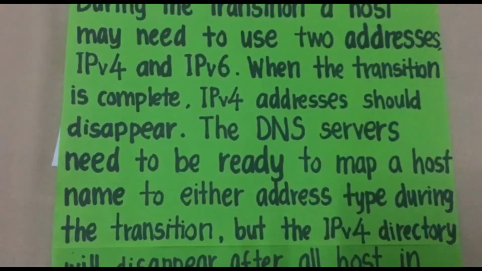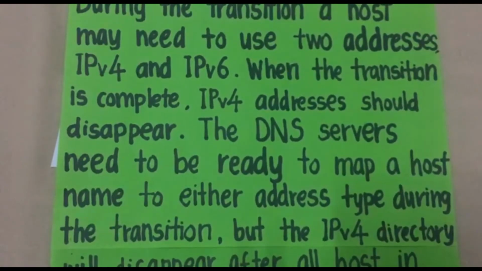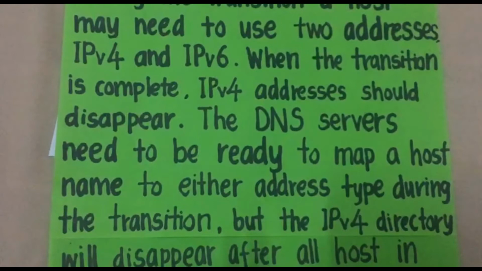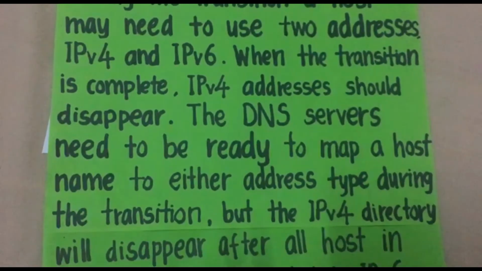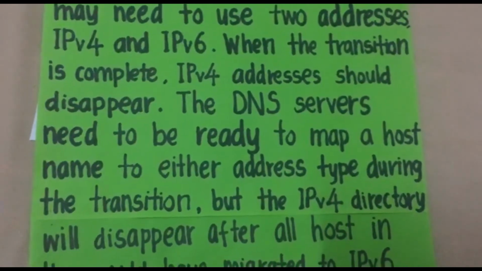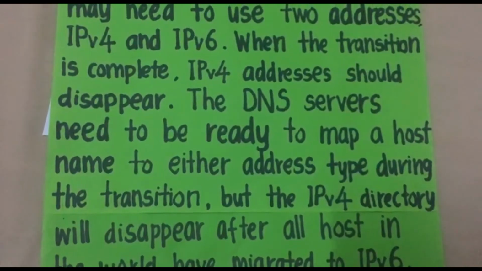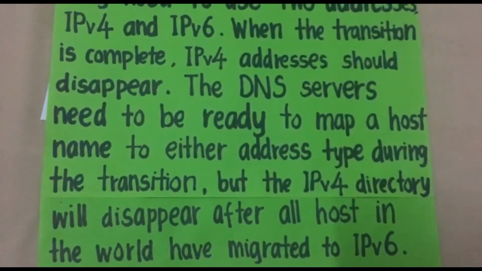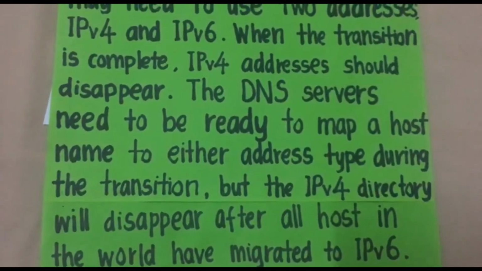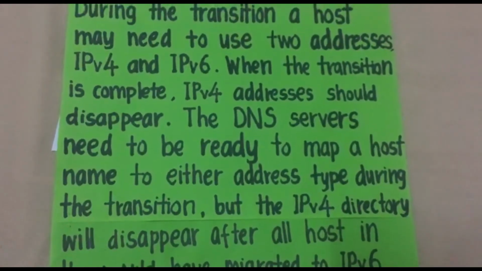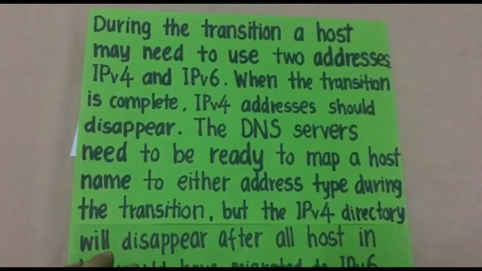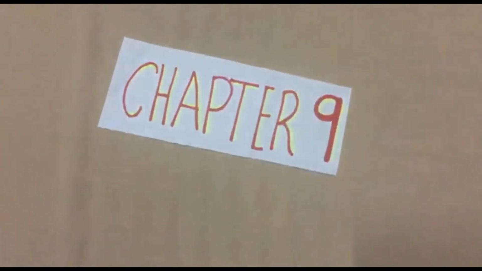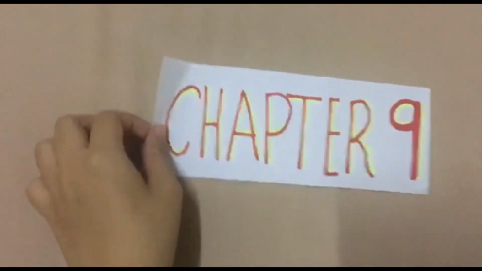So the DNS server needs to be ready to map a host name to either address type during the transition. But the IPv4 directory will disappear after all hosts in the world have migrated to IPv6. So we are done with chapter 9.